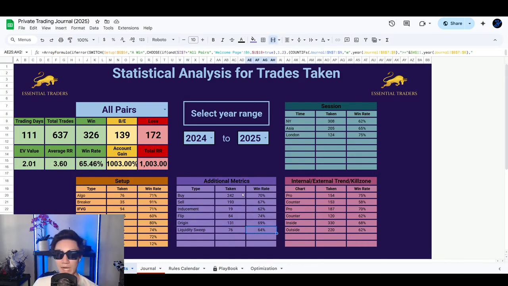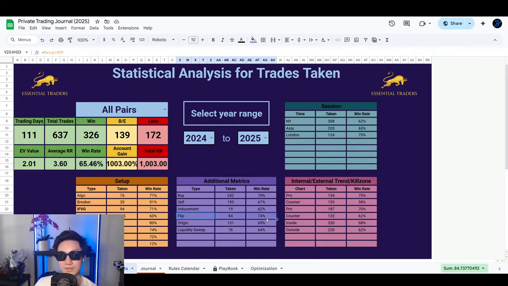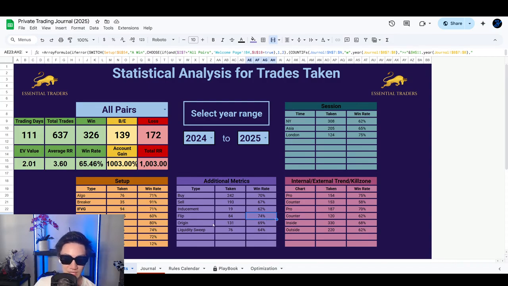Maybe you say, I only want to take trades with the highest win rate. So I only want to take trades off flips, which has a 74% win rate. Now, what does this sacrifice or entail? That means if you only take this, you optimize your win rate, but you're missing out on 19 inducement trades, a 62% win rate. You're missing out on 131 origin trades at a 69% win rate, which is quite close.